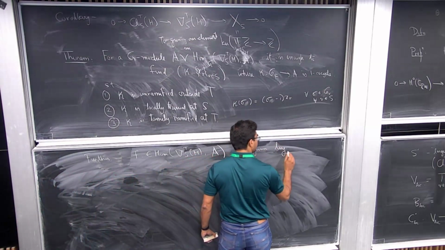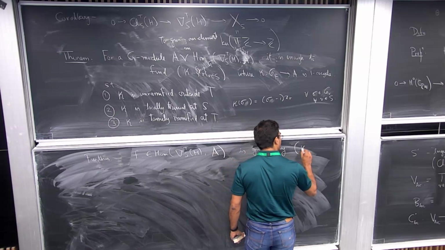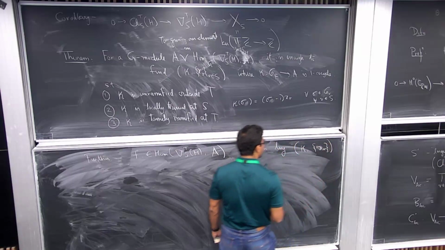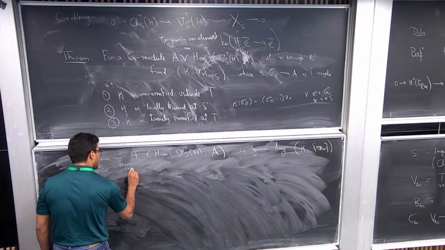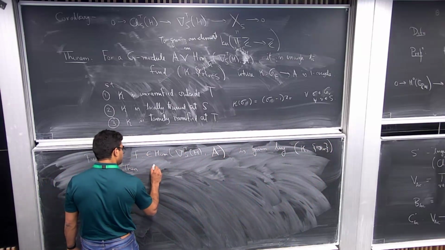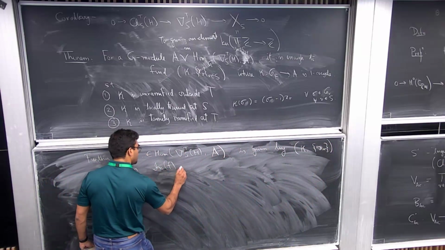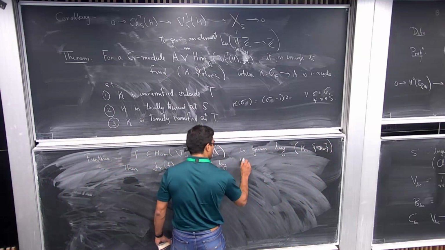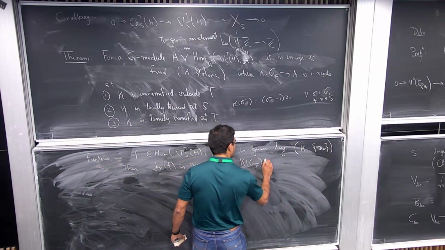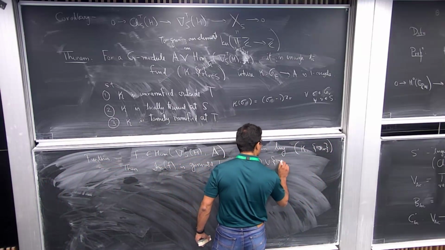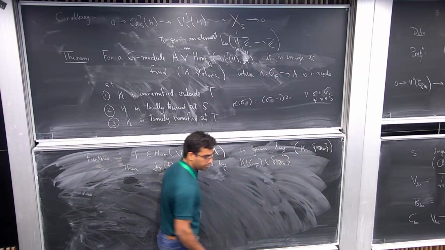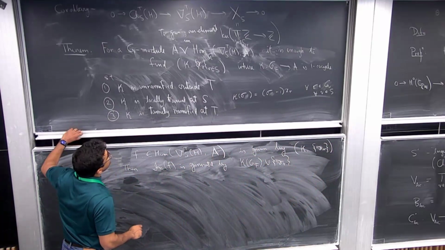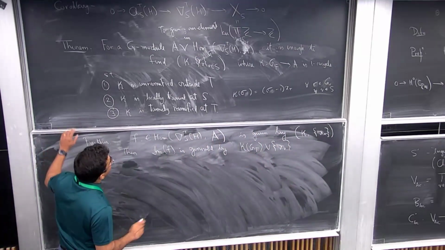And further, if F is given by a tuple like this, then the image of F is generated by kappa of GF union XV. All right, so I don't want to say anything about the proof of this.